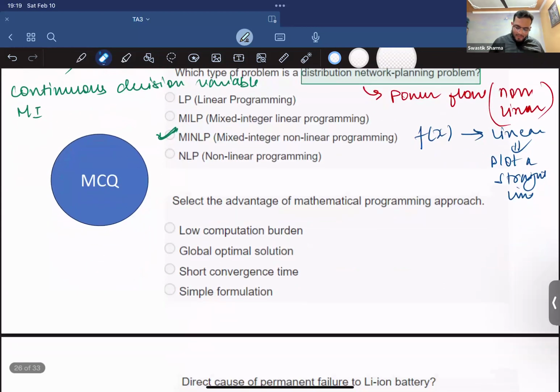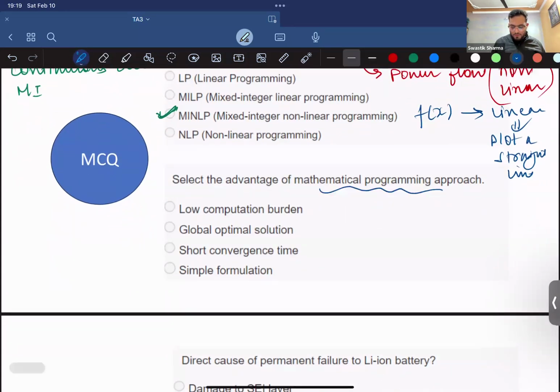Yeah. So for a mathematical programming approach, if someone has gone through the lecture, can anyone help me with this? Anyone? No one.